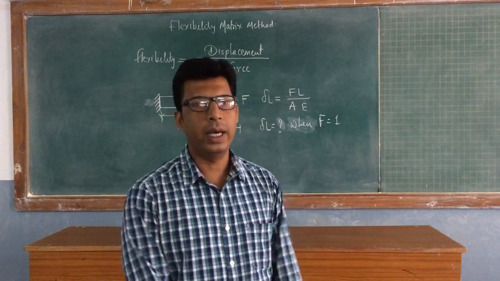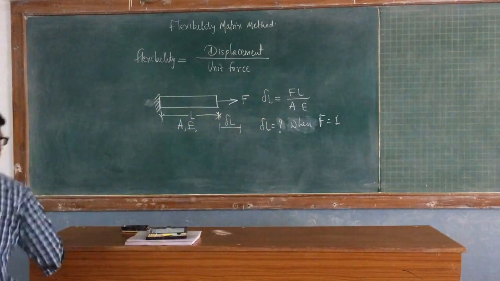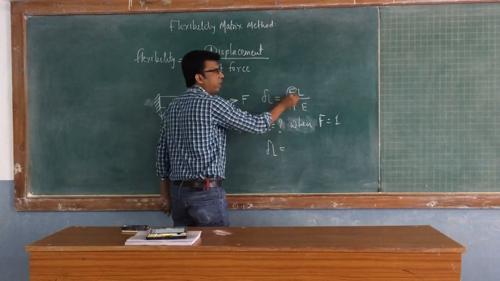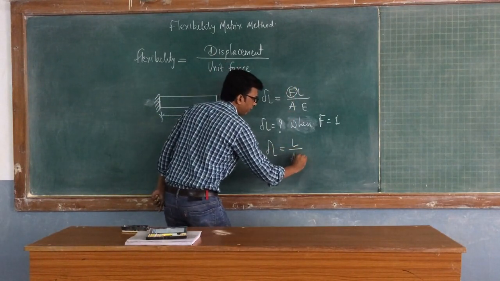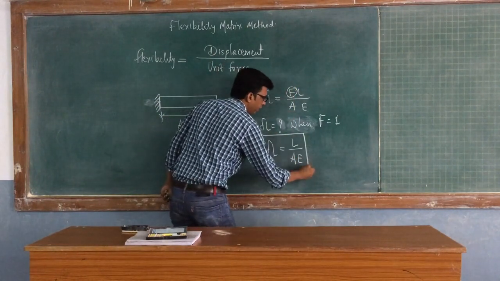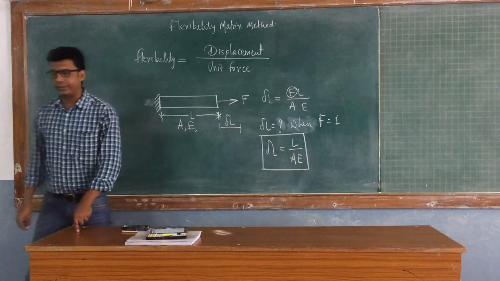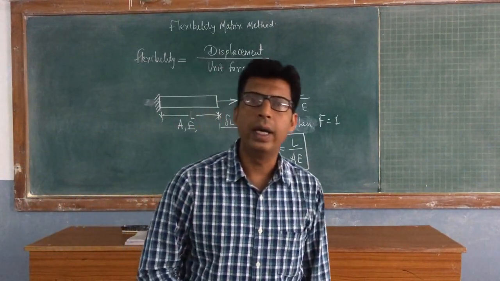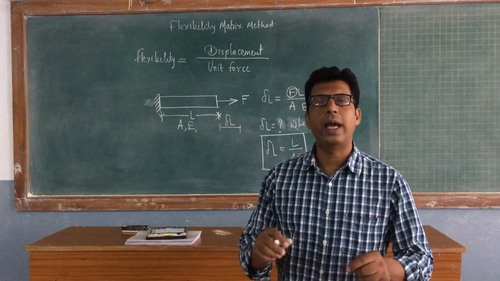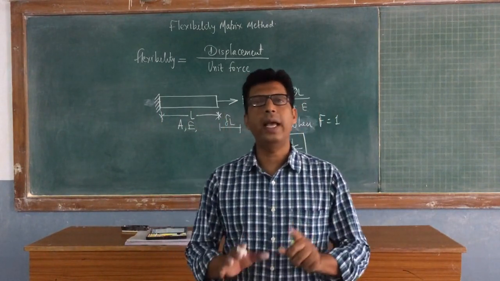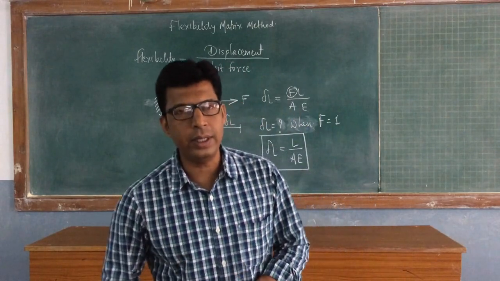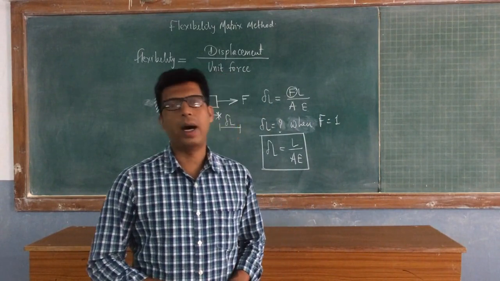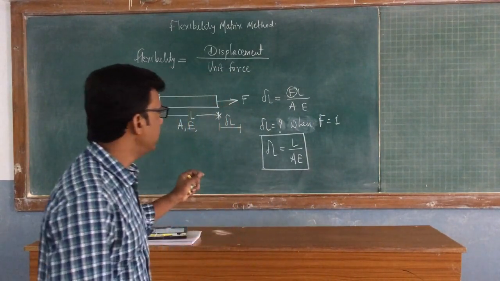That is the displacement when unit force is applied. So if you calculate, delta L when F is equal to 1 will be L upon AE. So L upon AE is the flexibility of a rectangular bar subjected to axial force F. Like this we can calculate the flexibility. Flexibility means it is the displacement because of unit force applied on the bar or any structure.